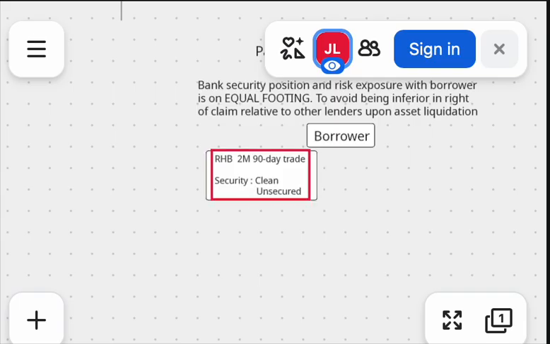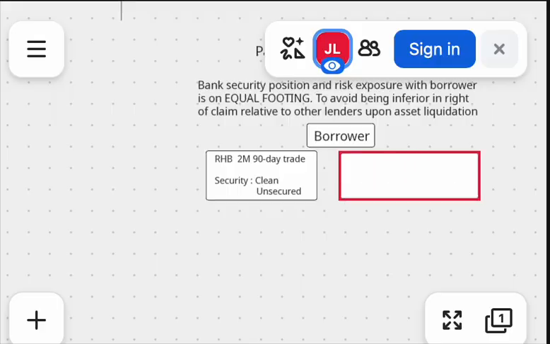Now, let's say there's another bank. Let's call this Bank B. 1 million 90-day trade finance.